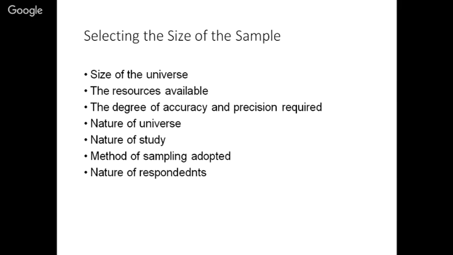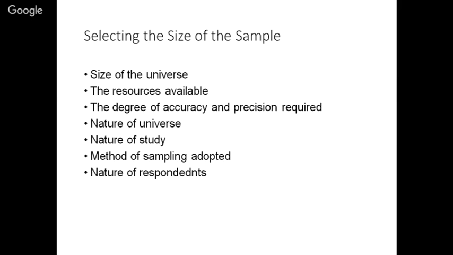So the size of the sample selected for that particular population must be optimum. Optimum means the sample size that fulfills the requirements of efficiency, representativeness, reliability and flexibility of the population under study.